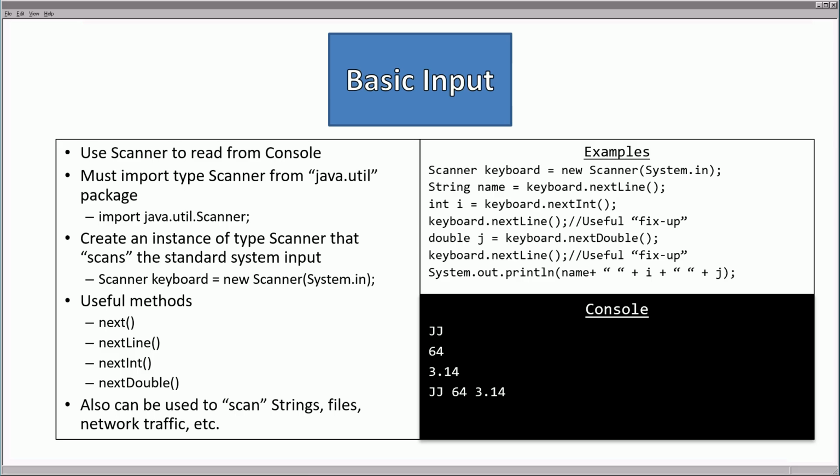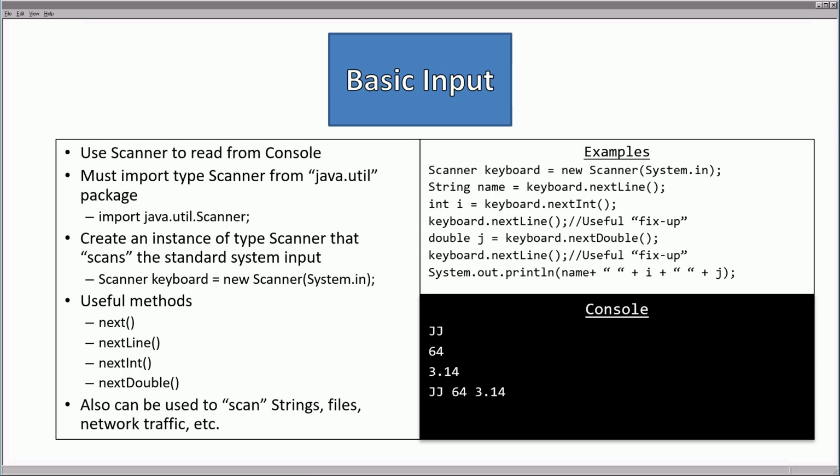For instance, the method next returns a string that goes all the way up until it reaches some kind of space or even a newline. nextLine reads all of the input until it gets to a newline. nextInt looks for the first integer value, and nextDouble looks for the first double value. Scanners are not just useful for reading the console. You can use a scanner to scan through strings, files, network traffic, all that kind of stuff.